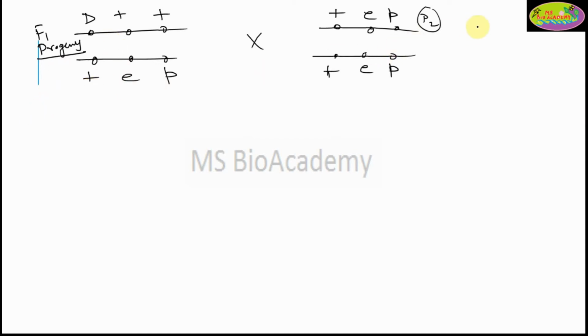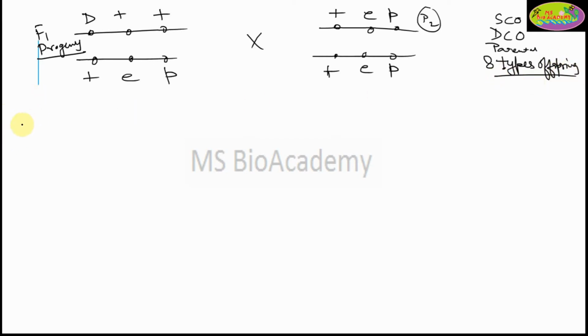Since 3 genes are involved here, as I have told you, a single crossover will take place, a double crossover will also take place, and a few of the offspring will be of just the parental types, even the wild types we will get. So we are going to get 8 types of offspring. I've told you earlier also, in the 3-point cross we always get 8 types of offspring with different phenotypes.